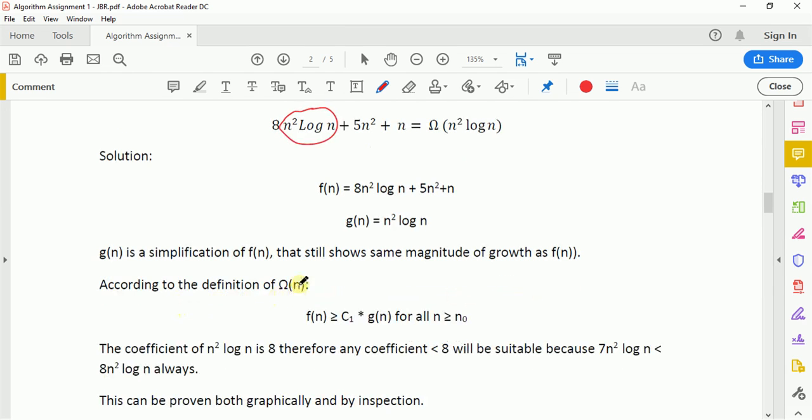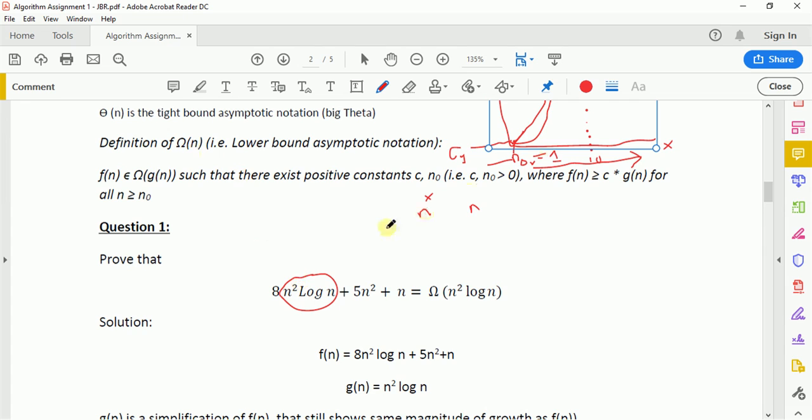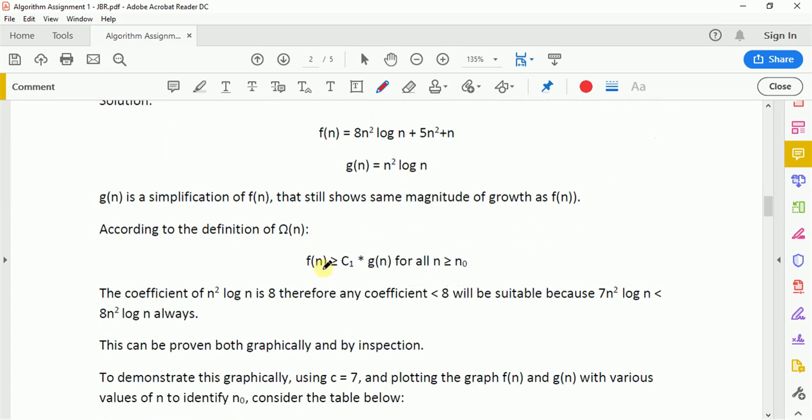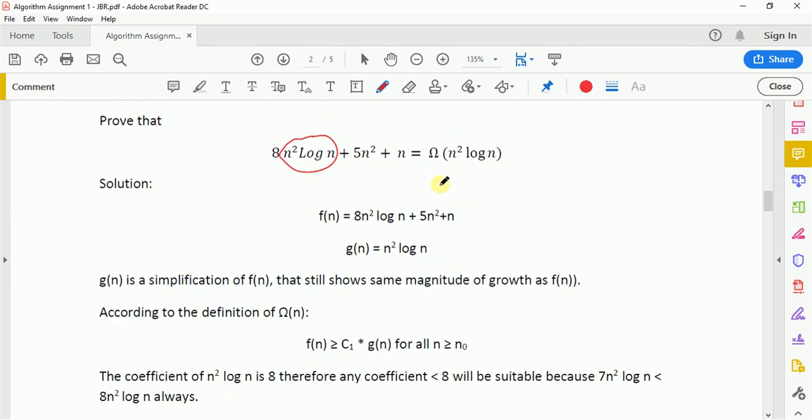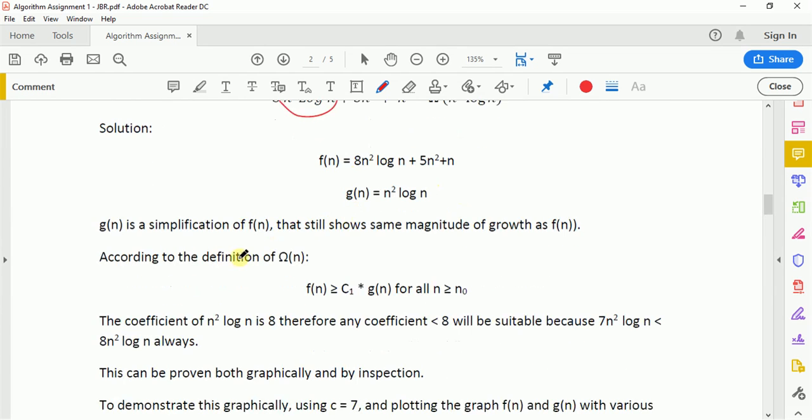According to the definition of big omega, f of n is greater than or equal to c1 times g of n for all n greater than or equal to n0. If there exists any such relationship that satisfies this condition, then this statement is true.